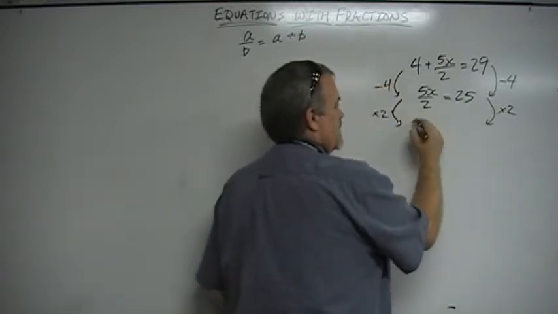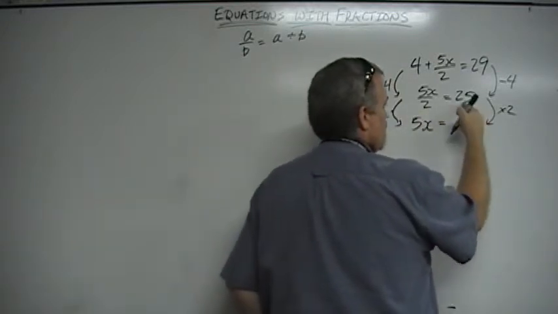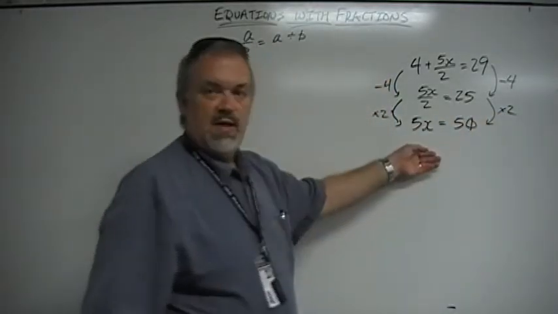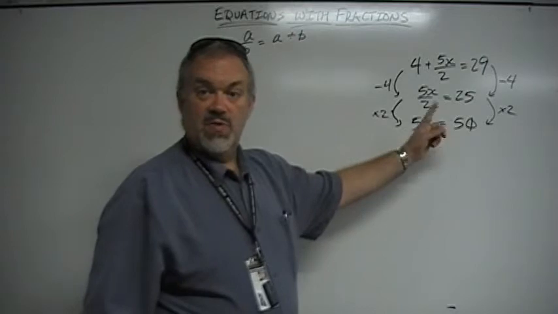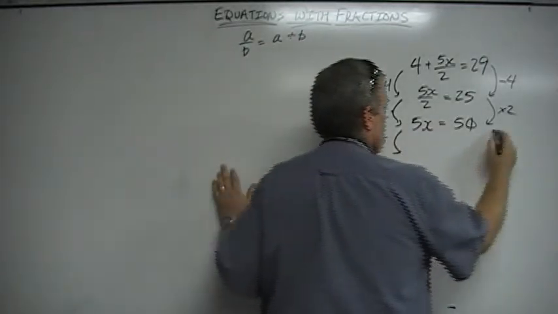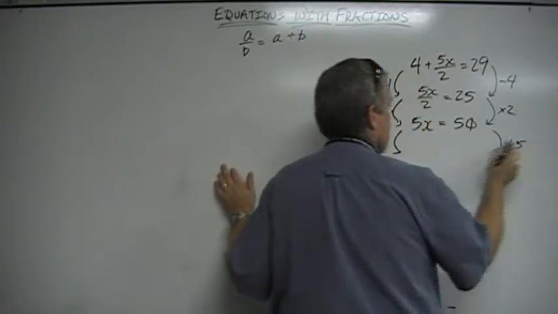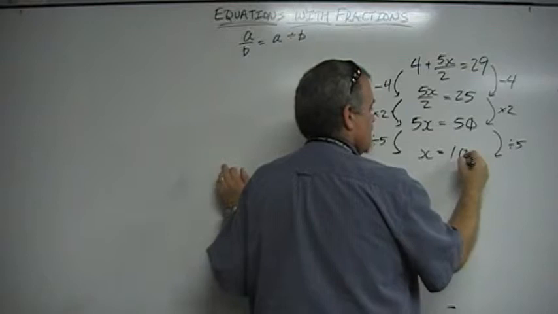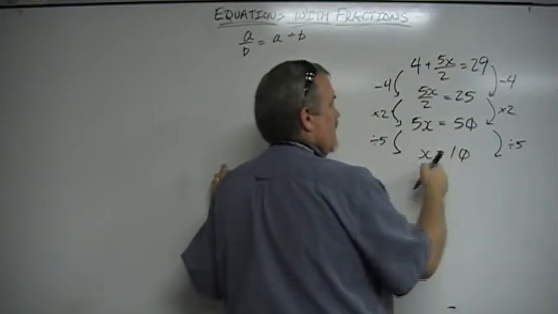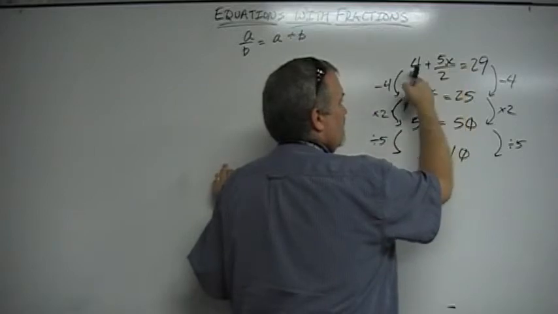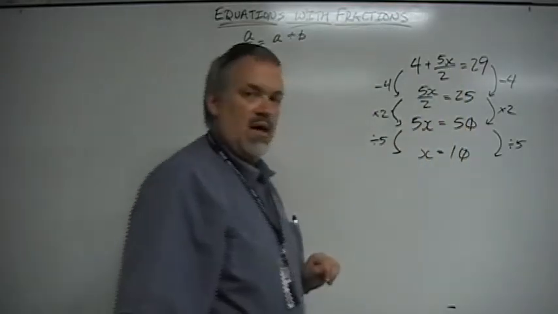Now we just have 5x equals 25 times 2 is 50. Then it's just a multiplication problem. 5 times what equals 50? We divide by 5. And we just have x is equal to 50 divided by 5 is 10. Again, put it back in. 5 times 10 is 50. Divided by 2 is 25. Plus 4, 29. And we're done.